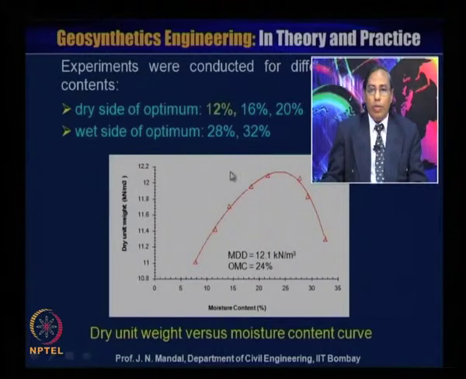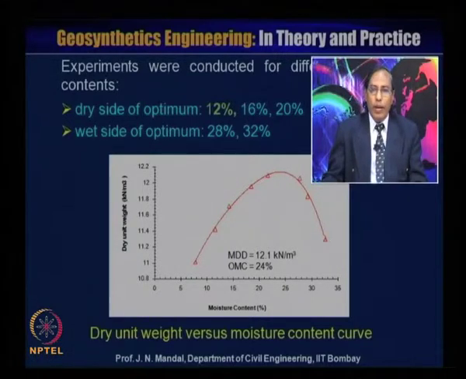This is a compaction curve, and from the compaction curve we have determined the maximum dry density is 12.1 kilonewton per meter cube, and the optimum moisture content is about 24%.